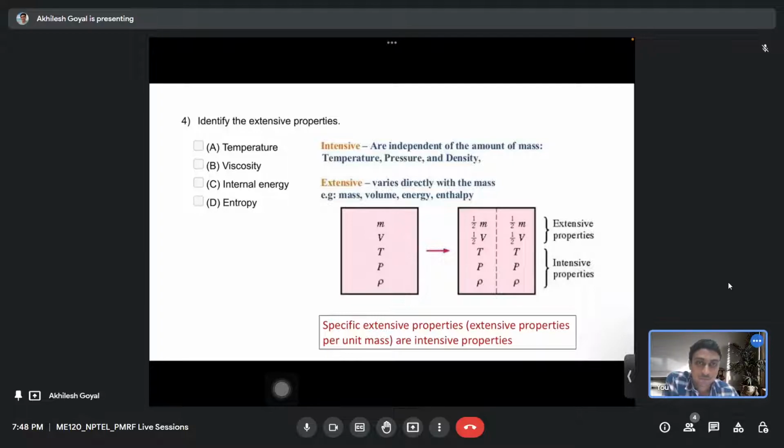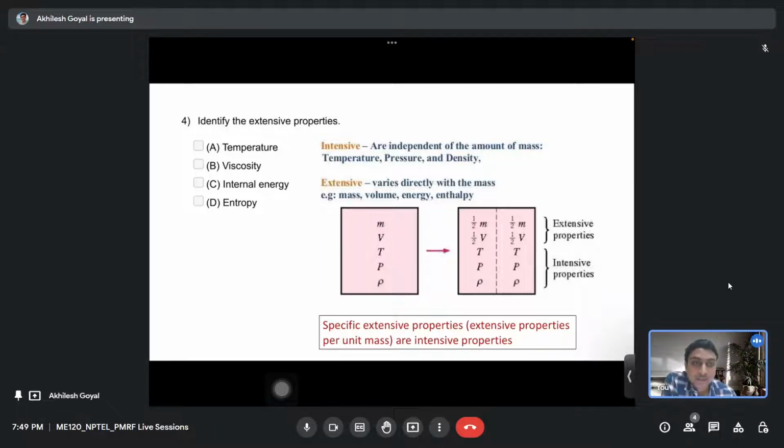Thermodynamic properties are of two types. One is intensive property and the second is extensive. Intensive properties are independent of mass, and extensive properties depend on the quantity of mass. So one is a mass independent property and the second is a mass dependent property.